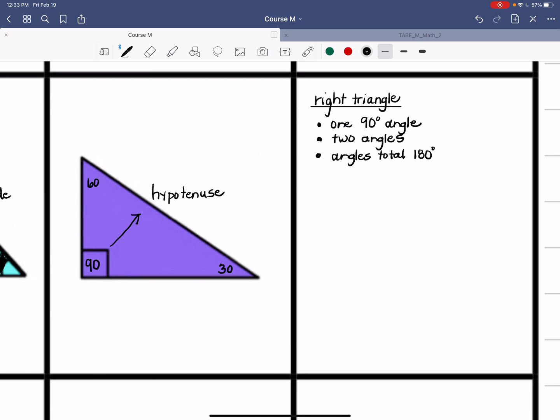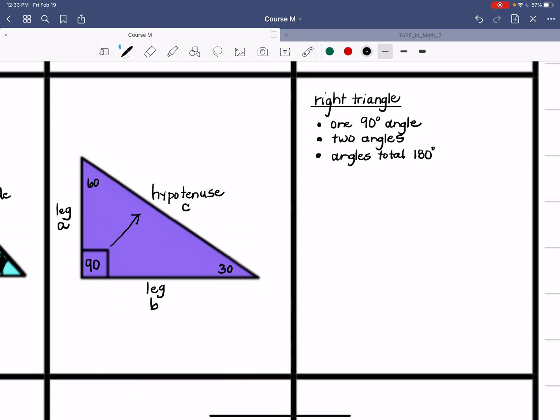That is the hypotenuse. That is always considered side C. It's across from the right angle. Then this is called a leg. We don't call it a side, we call it a leg. And I like to call this one A and this one B, but you can certainly flip that around. You can make either one of them A or either one of them B. But C has to be the hypotenuse.